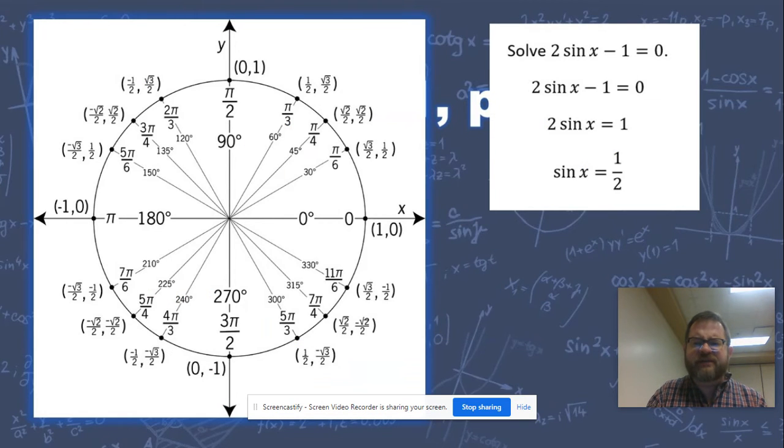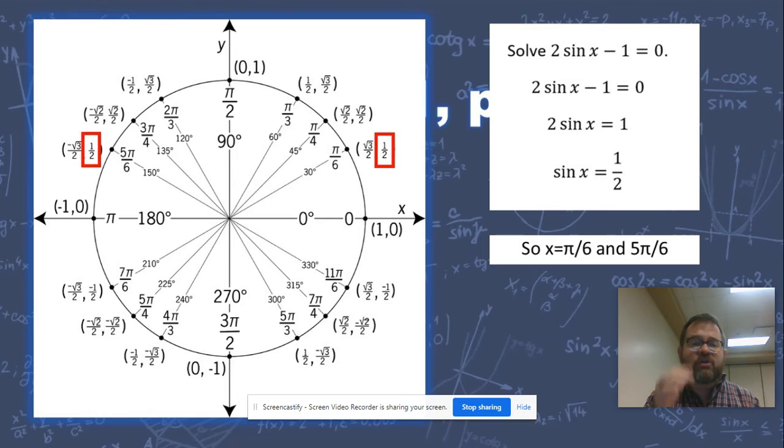All right, well, this sounds like a tool for using the unit circle. Don't get me wrong, you could also use the inverse sine button on your calculator. You could have taken the inverse sine of both sides and gotten x equals the inverse sine of a half. Or we could use the unit circle and look for the two places on the unit circle where the sine, which is, remember, the second coordinate of those points on there, was equal to a half.